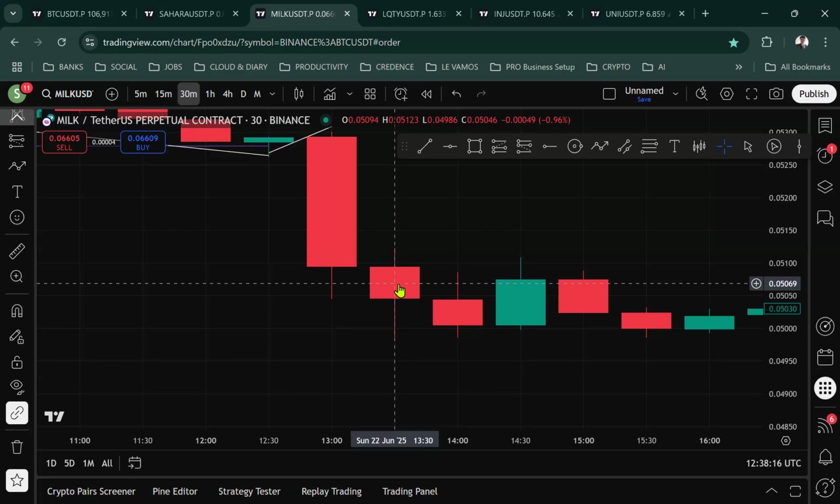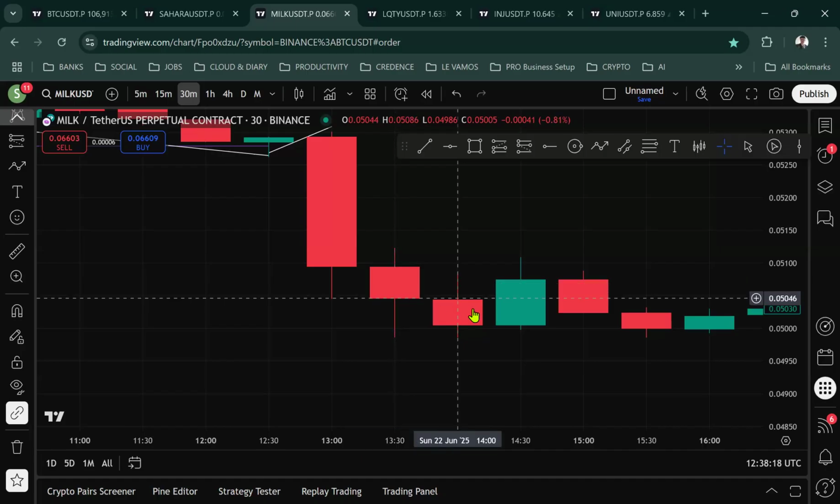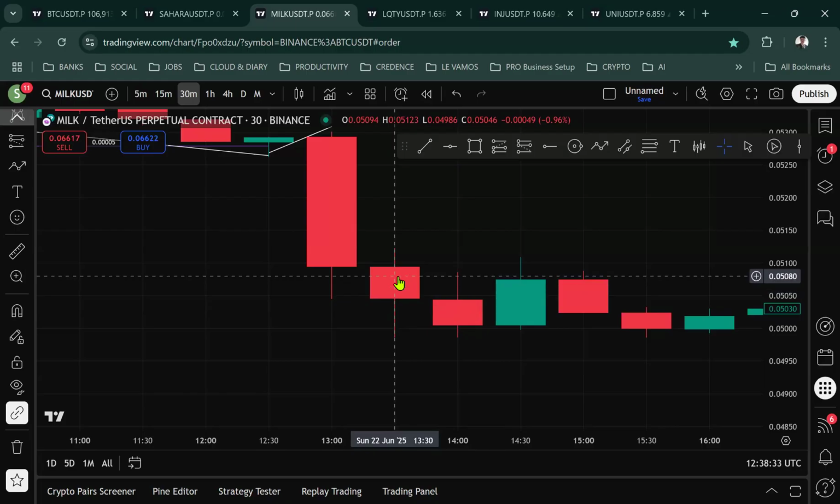Check the next candle, let's see. Yeah, this is the next candle: 0.4986. Okay, they are equal.